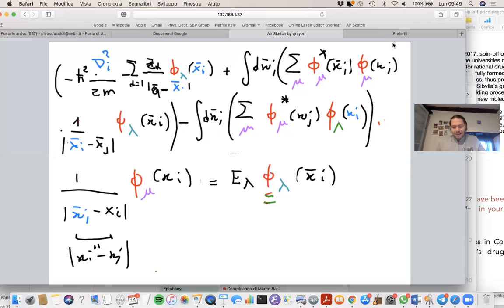Okay, so this term is mysterious because you see it involves a combination that is not a density. The wave function appears in a way that is not simply physically interpretable.